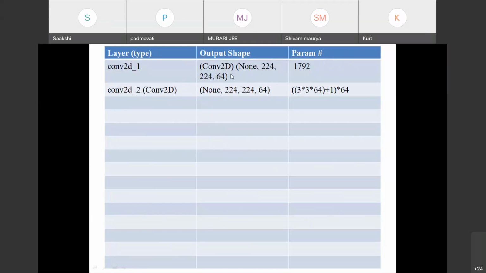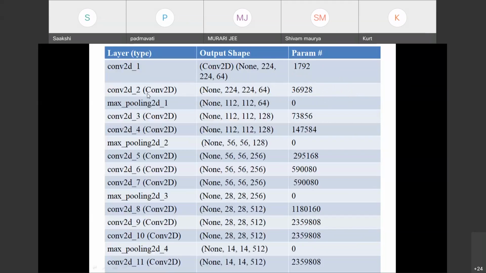When you apply a 3 cross 3 filter on this input, it generates 224, 224, 64 as its output, and the number of parameters required, which you have already computed yourself, comes out to be 36,928 learnable parameters for this convolutional operation.